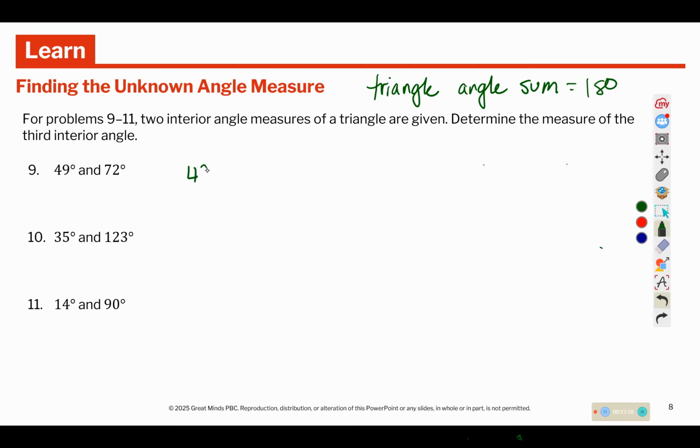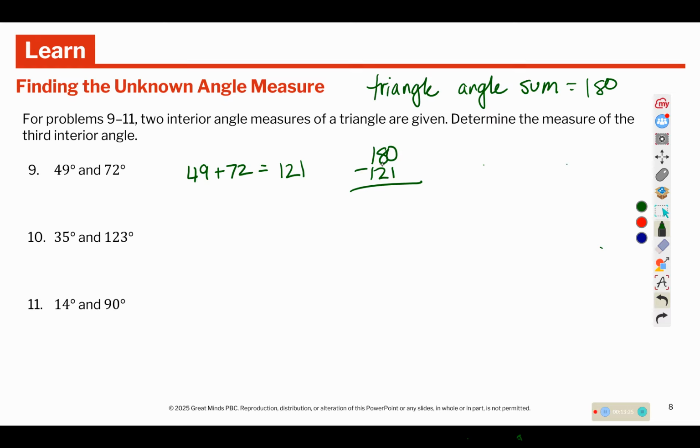So if I have 49 and 72, that makes 121. And so if all three of them have to add up to 180, then the missing angle can be found by subtracting from 180.